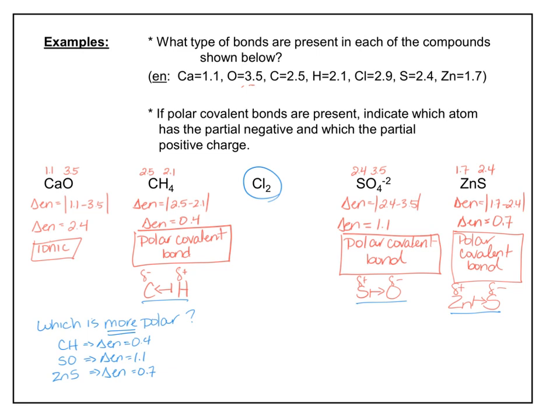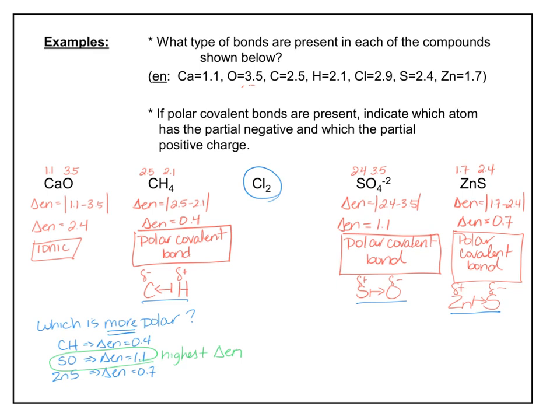Look at the example here. Let's compare the delta ENs. I see that my sulfur-oxygen, let's do this in green, has the highest delta EN. So let's make note of the following.